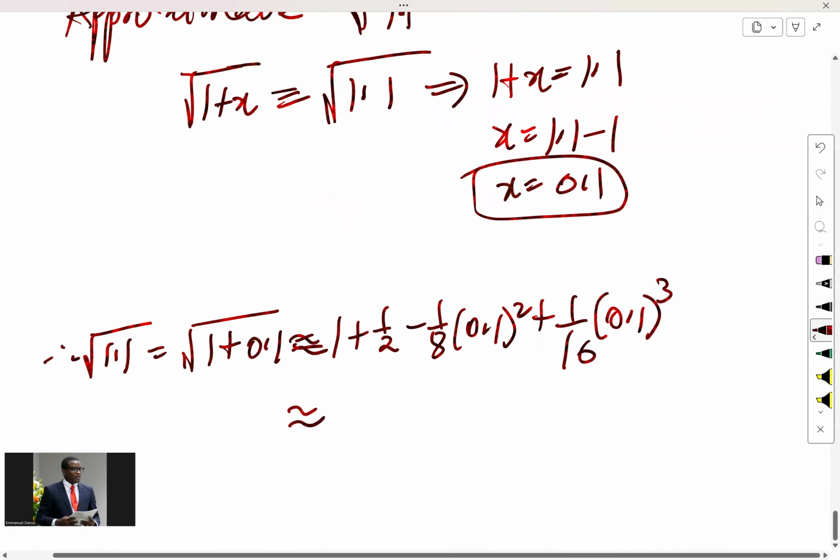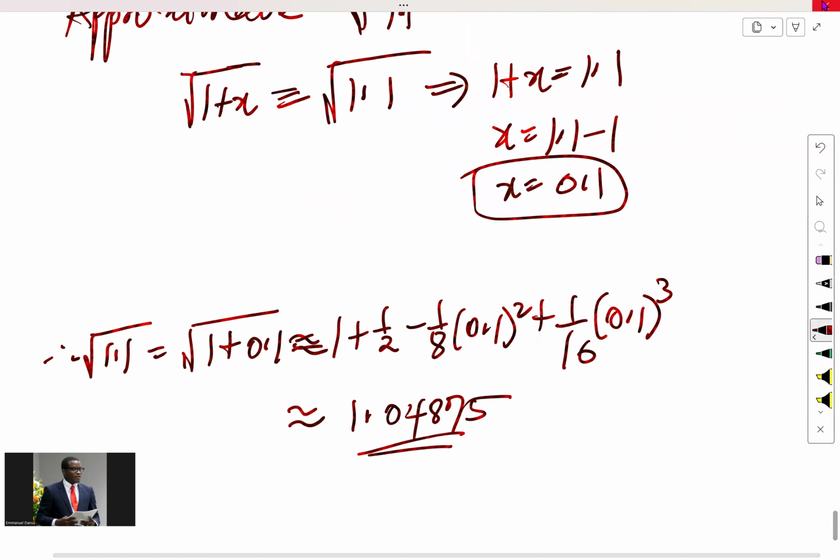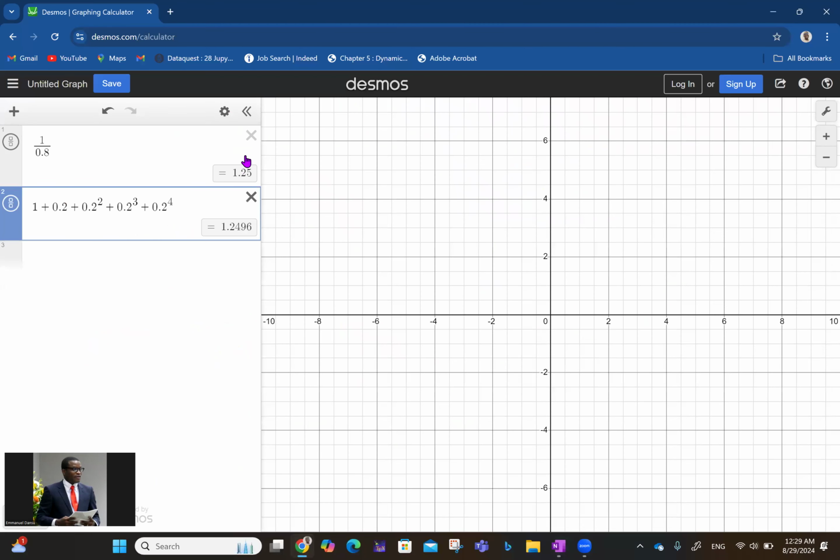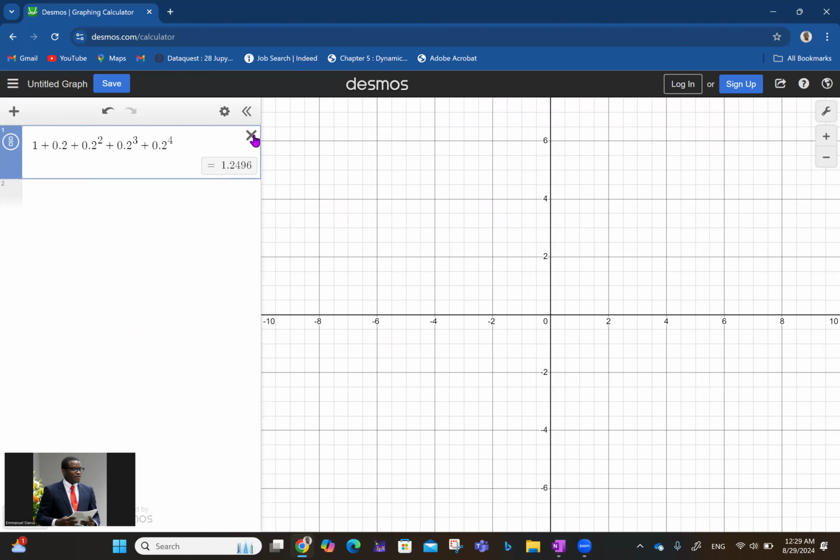So that's approximately 1.04875. We can check that on Desmos to see what the actual thing should be, like 1.0488, which you can confirm ourselves. So that's the square root of 1.1, that's 1.0488.